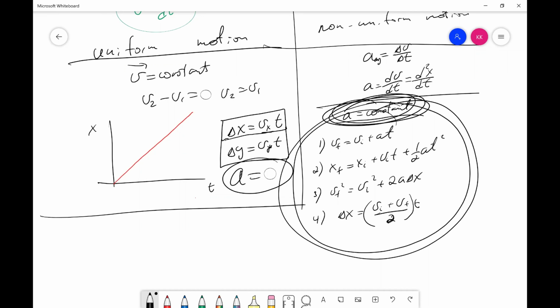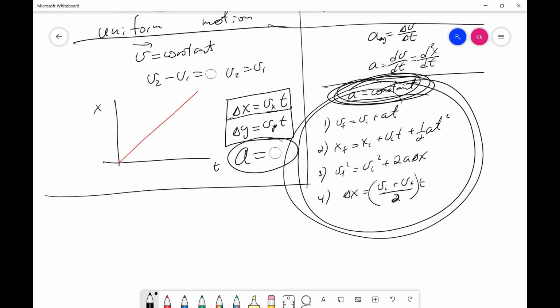So from the calculus point of view, let's summarize this. If you have position, velocity, and acceleration, going from position to velocity, you take the derivative, dx/dt.